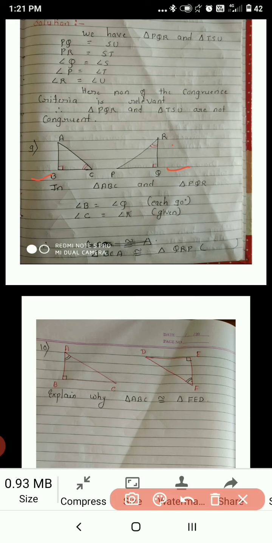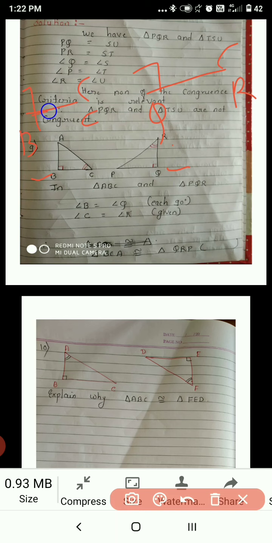So if we want to make these two triangles congruent, what criteria should we use and which additional pair should we make the same? Here you can see that angle B and angle C are formed on the same line, and angle Q and angle R again are formed on the same line. Angle B and angle Q are the same, and angle C and angle R are the same.